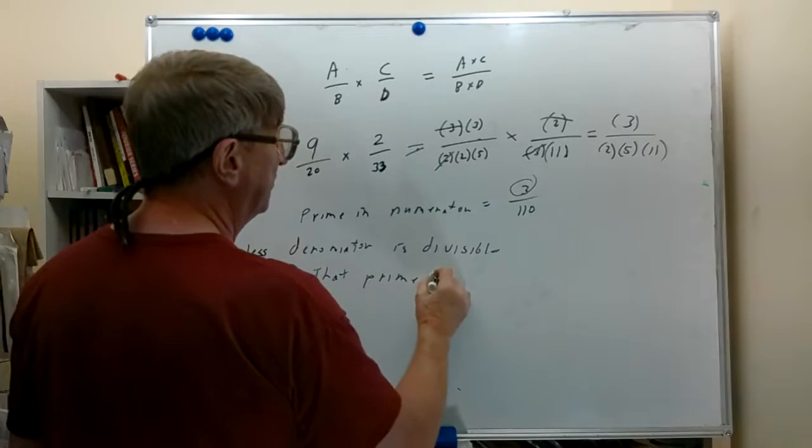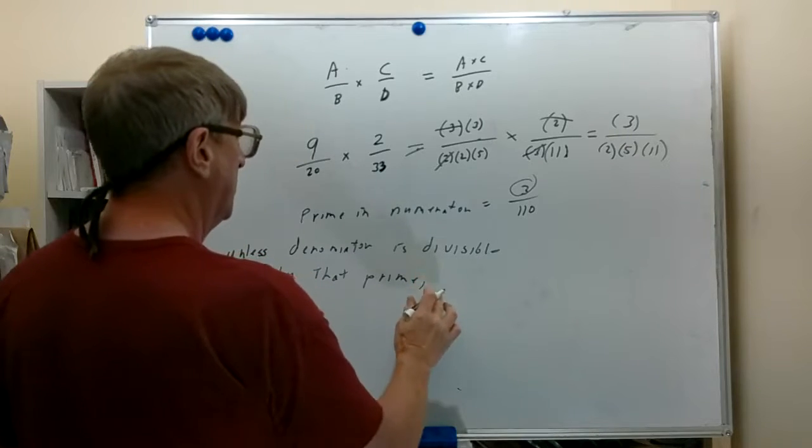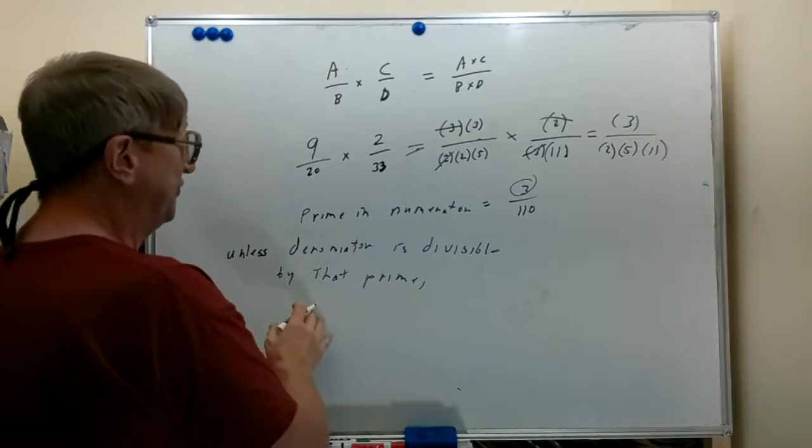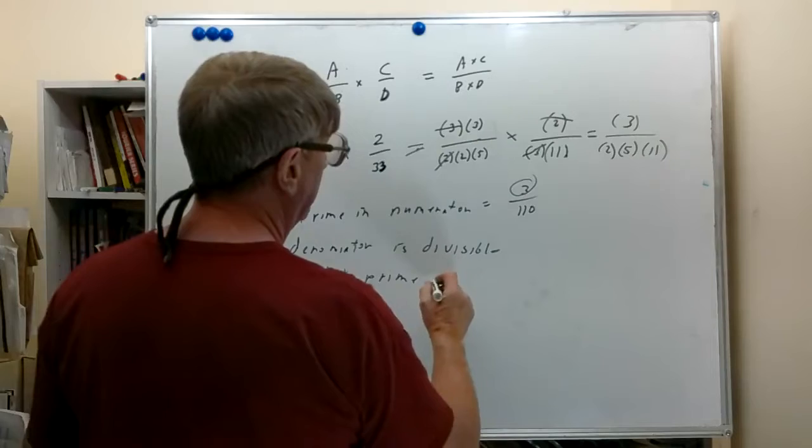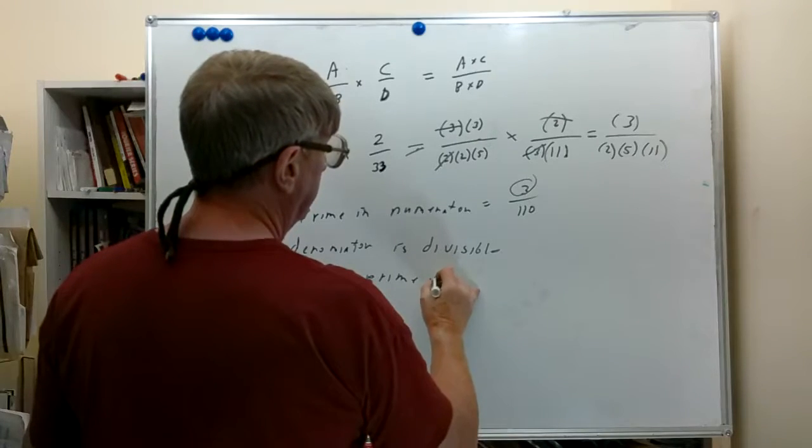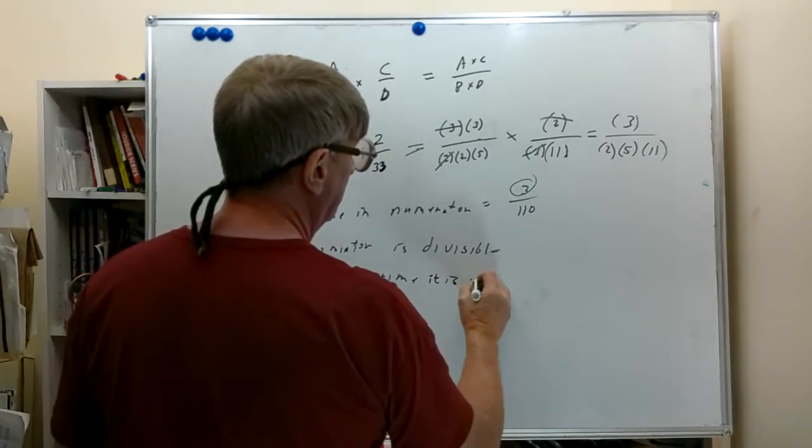Unless the denominator is divisible by that prime, it cannot be reduced. It is in lowest terms.